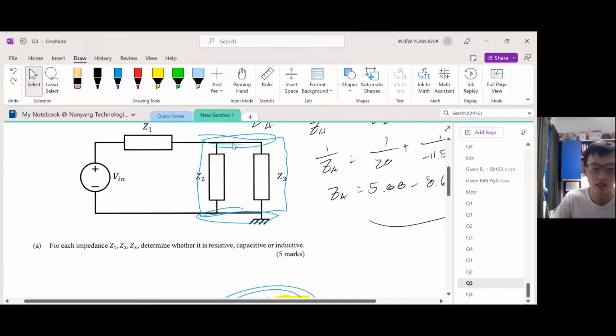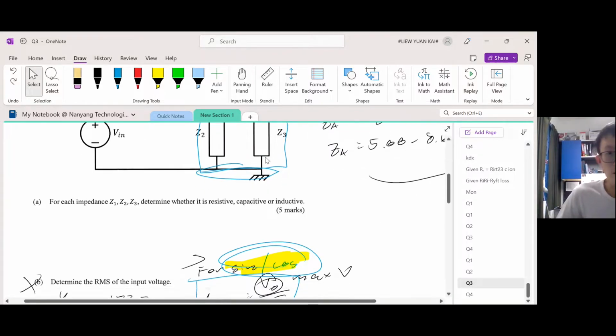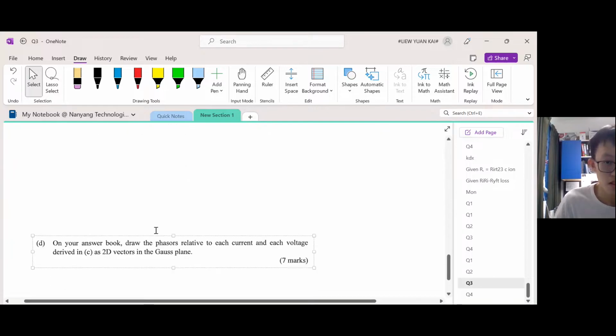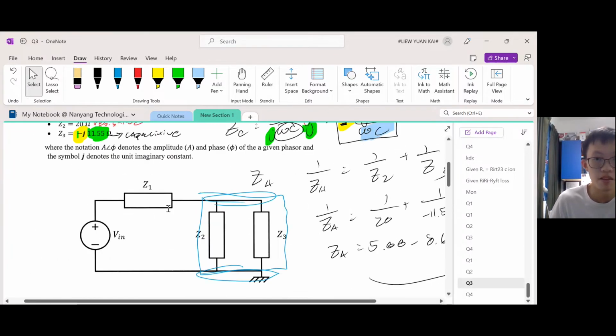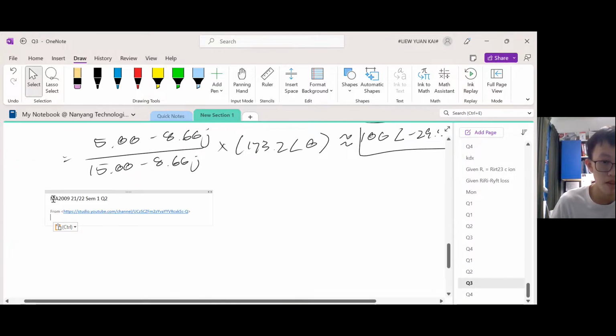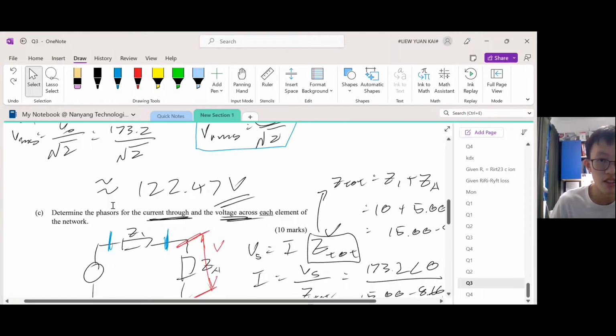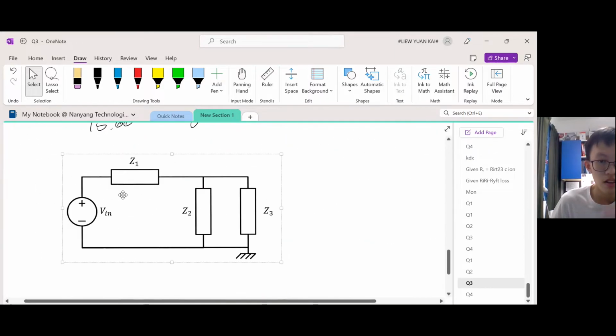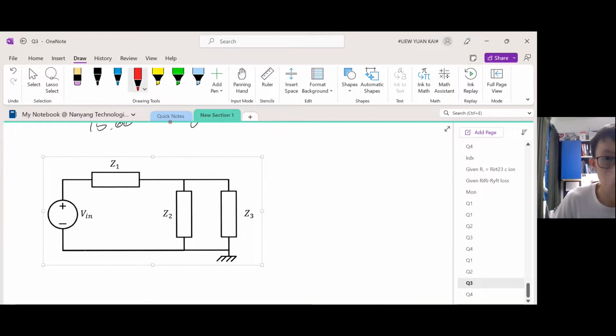Now we need to determine the current through Z2 and the current through Z3. Let me copy this diagram. So we want to find the current through here and here, correct?